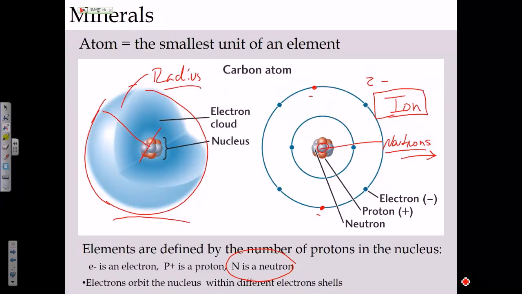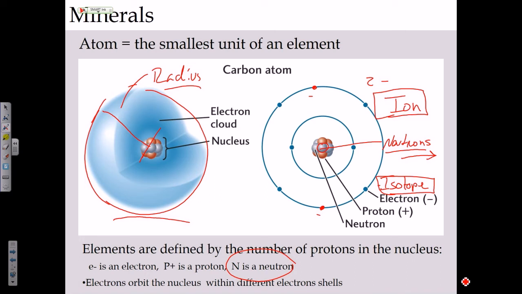If we remove just a neutron, we create something called an isotope. We create an isotope. The isotope is an element that has additional neutrons or is missing some neutrons.